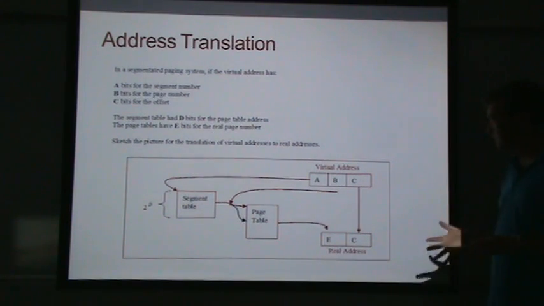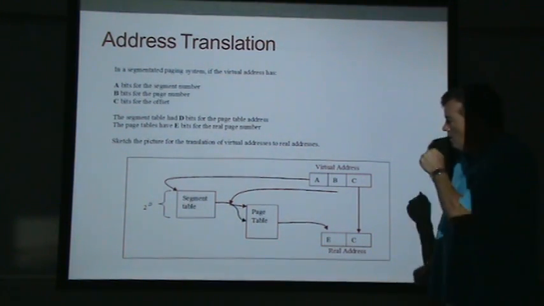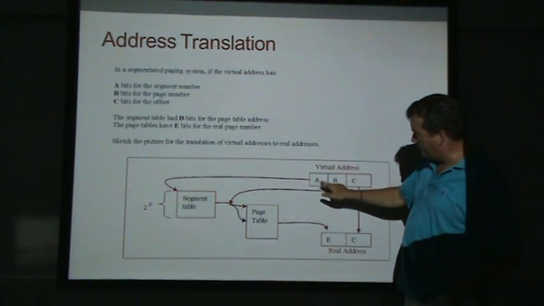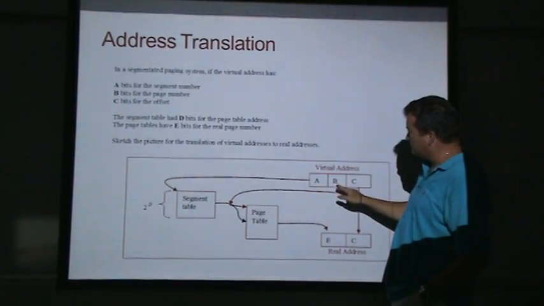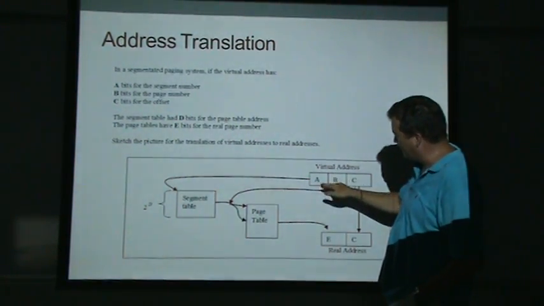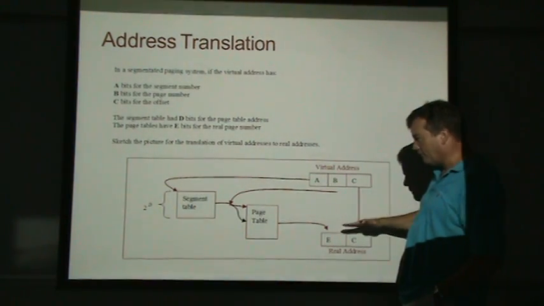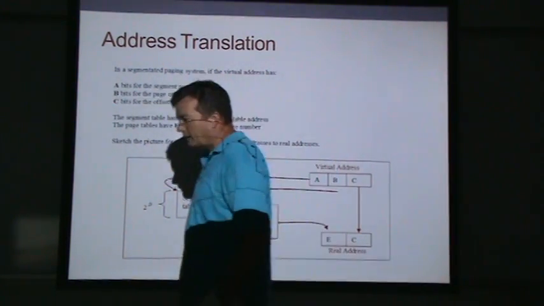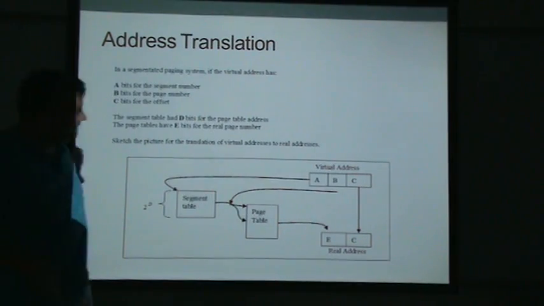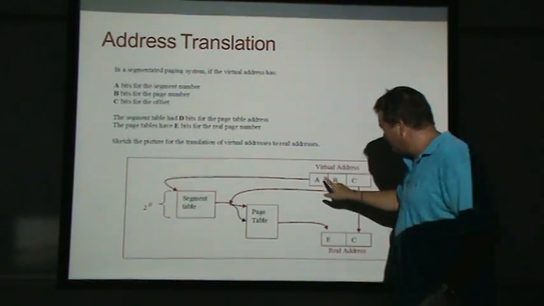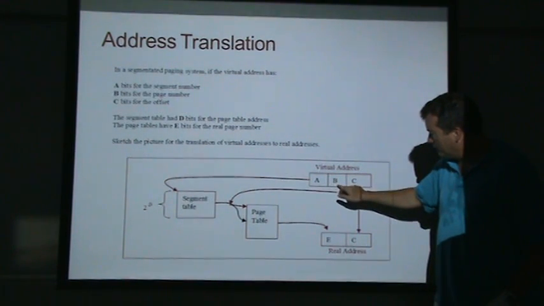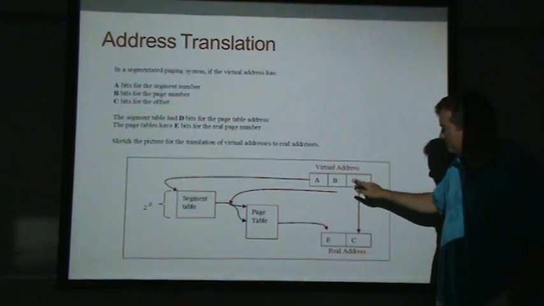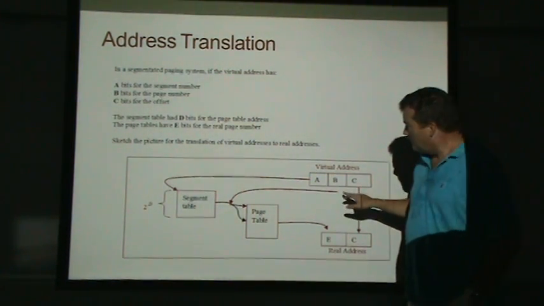So just to go through some examples, if we dedicated A bits to the segment number, B bits to the page number within that segment, and C bits to how far into that page we go, and did an address translation. So you have to remember this: the virtual address is A bits for the segment, B for the page within the segment, and C would be the offset.